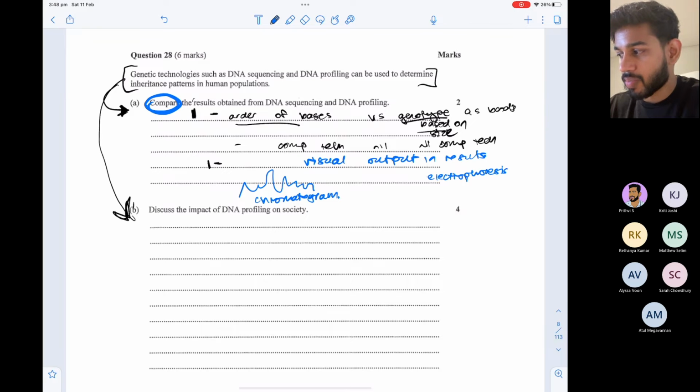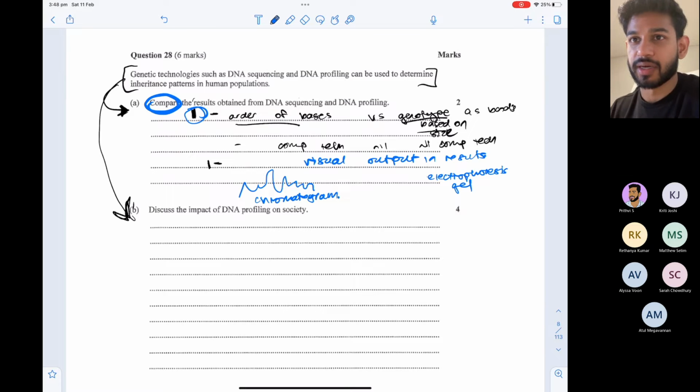So that's one point of comparison. This was one point of distinction. And so I think I've successfully compared the results from sequencing and profiling. They both give you different bits of information, one about the letters, one more about the size, but they both give you visual outputs that can then be further interpreted.